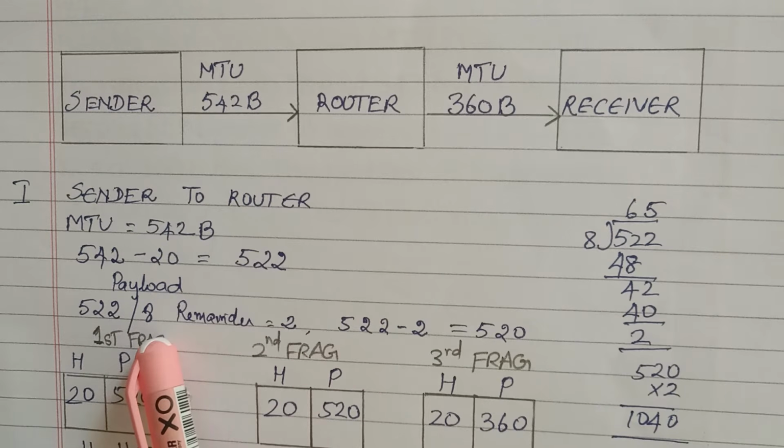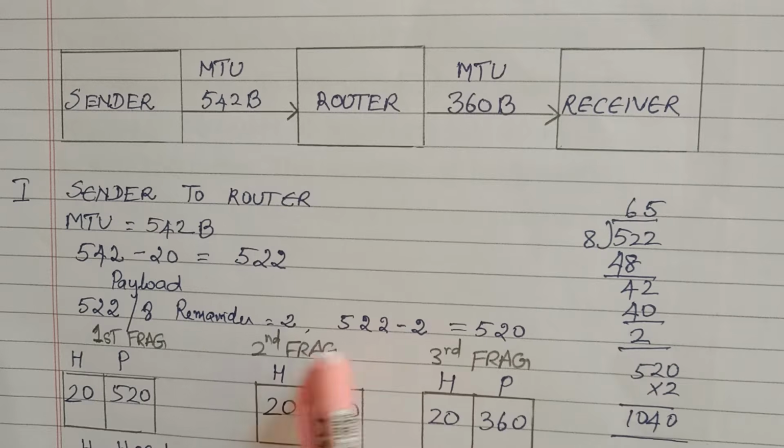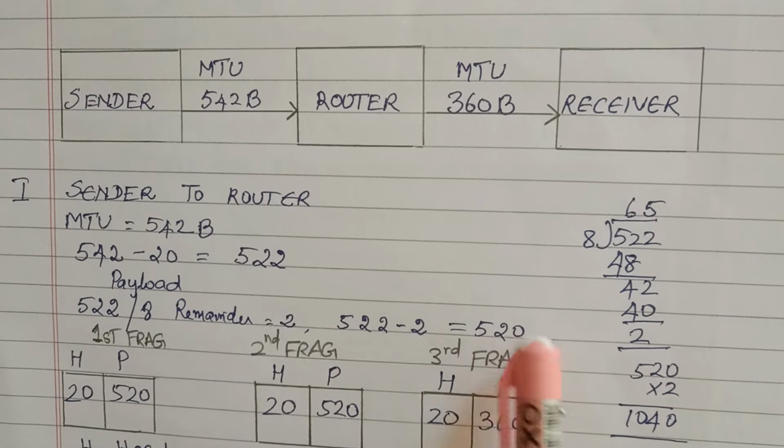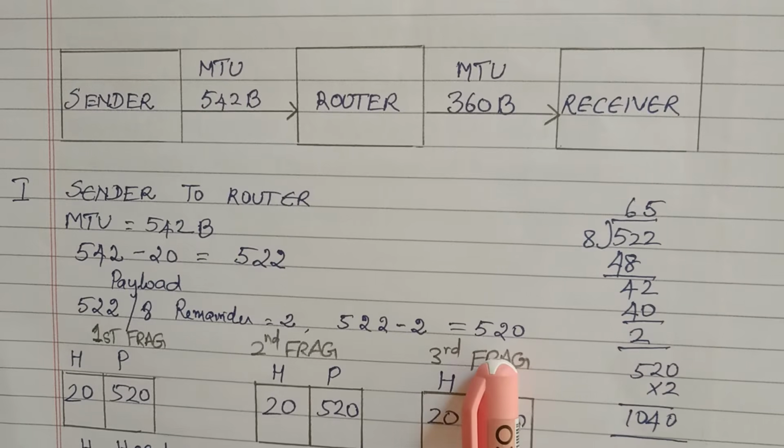It should be a multiple of 8. So you divide 522 by 8 and subtract the remainder to make it divisible by 8. 520 is divisible by 8, so we use 520 as the payload.